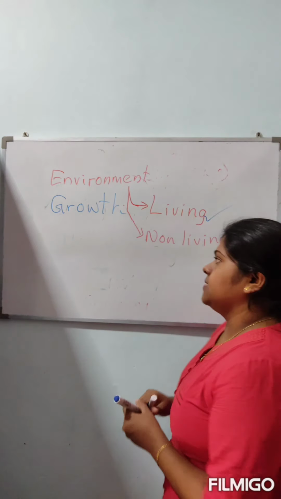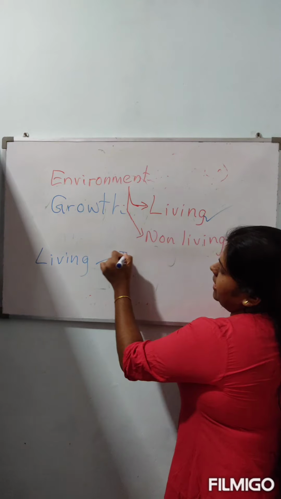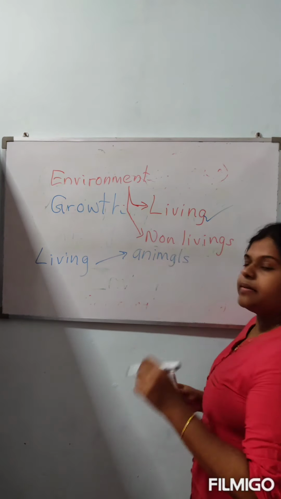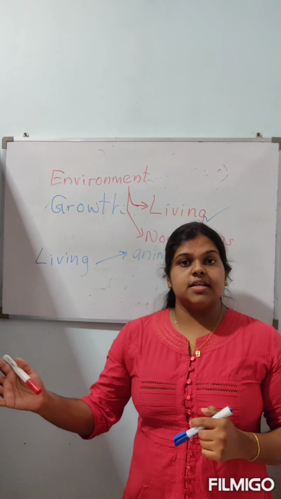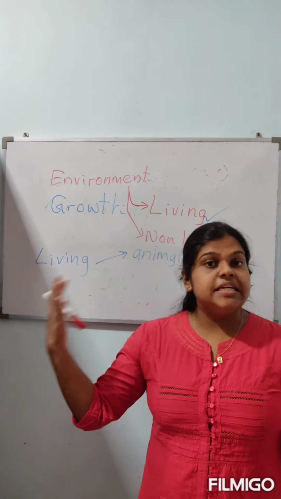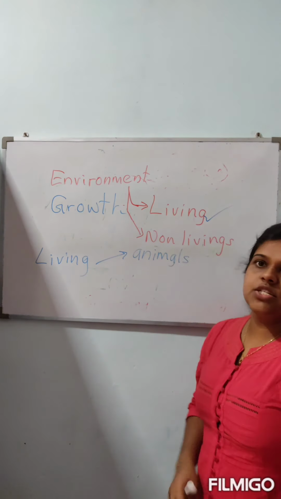They are the animals, that means cats, dogs, horses, elephants, then small cockroaches, millipedes, butterflies, birds, fish, humans. We all belong to the animals group.